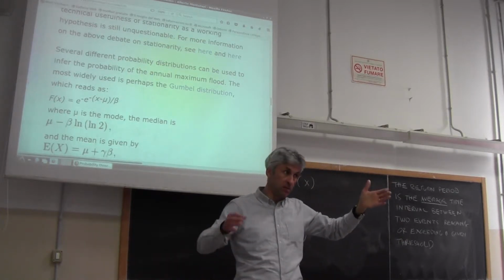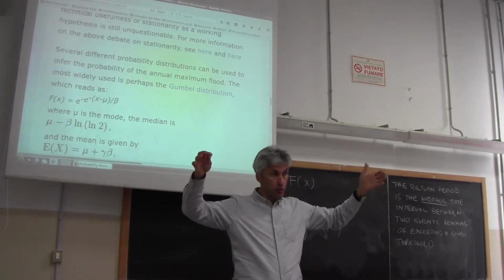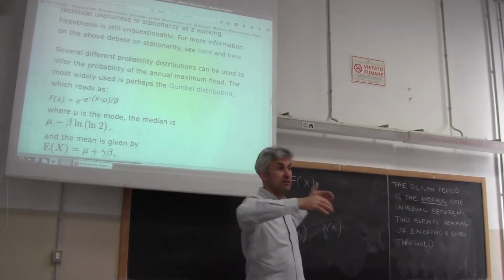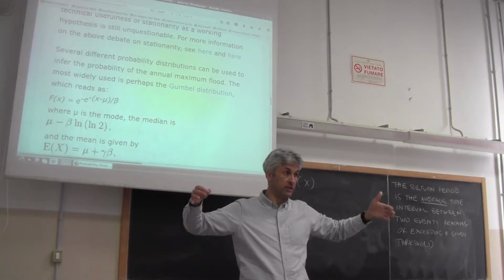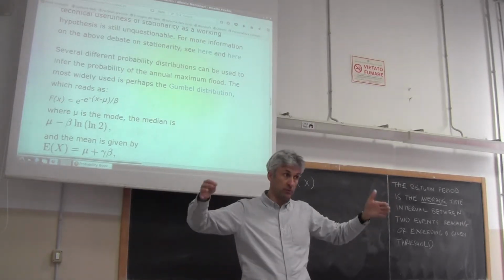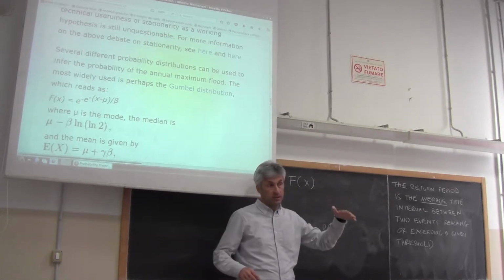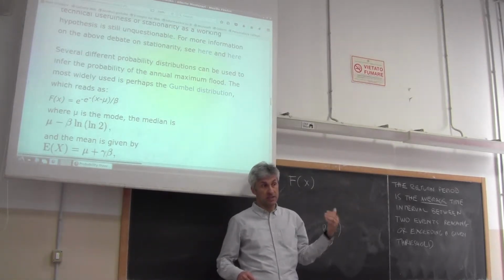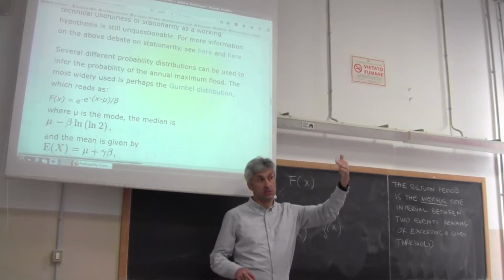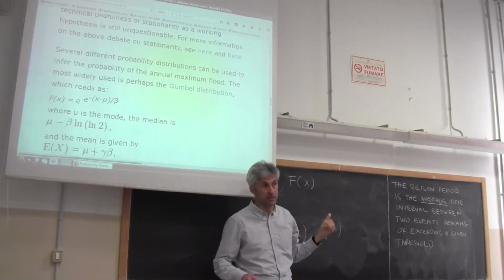Remember that the probability over the whole domain of existence of the given event is 1. Cumulative probability is 1. We already proved it. And therefore, if we fix a threshold and we get the probability of not exceedance, the probability of exceedance is 1 minus the probability of not exceedance.